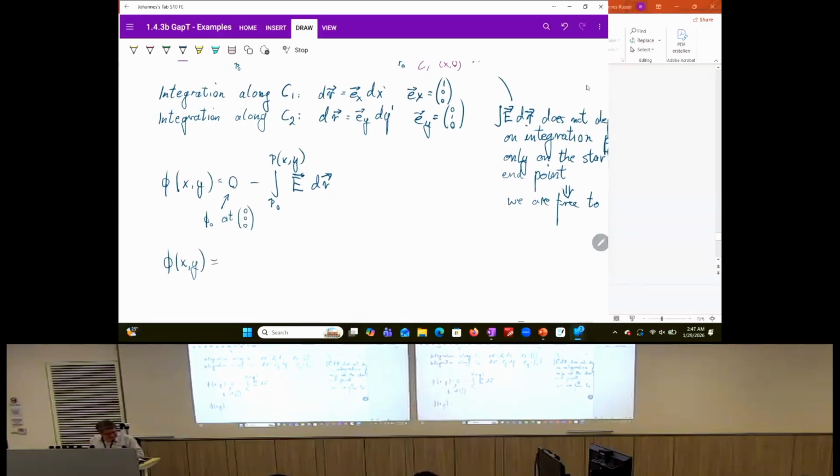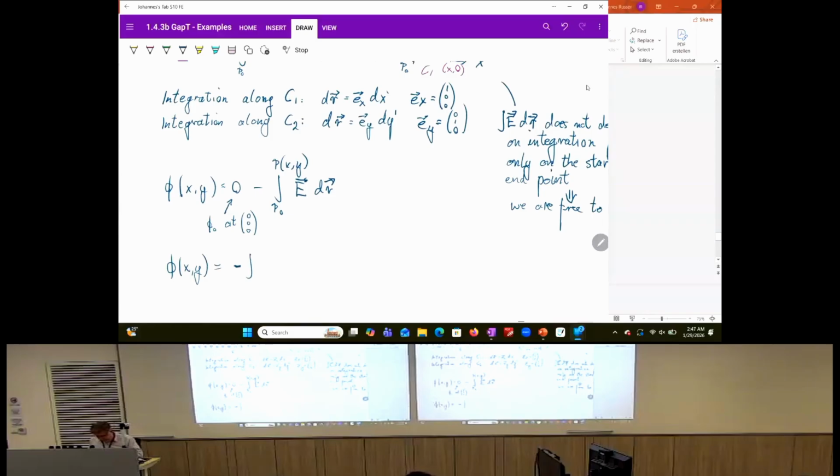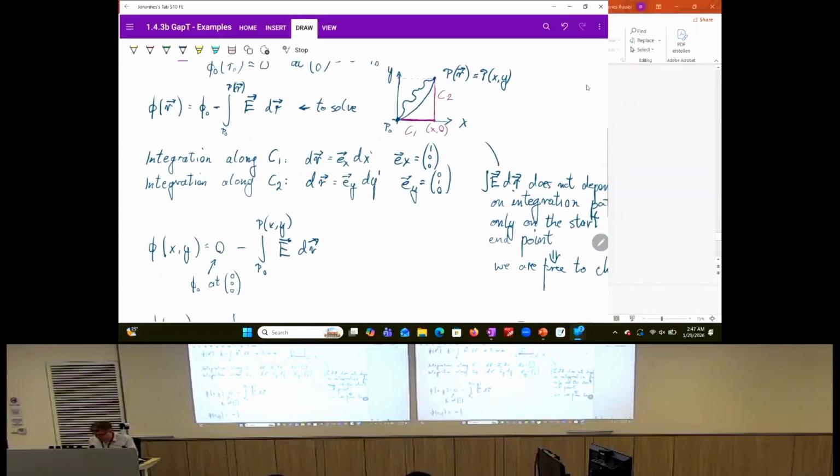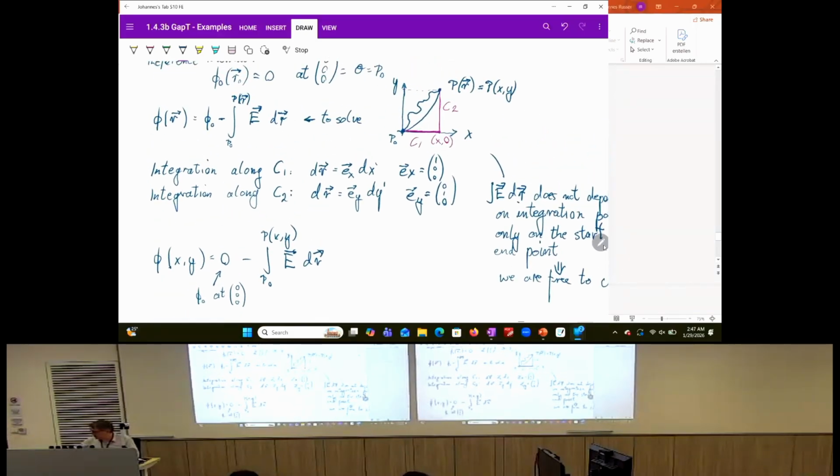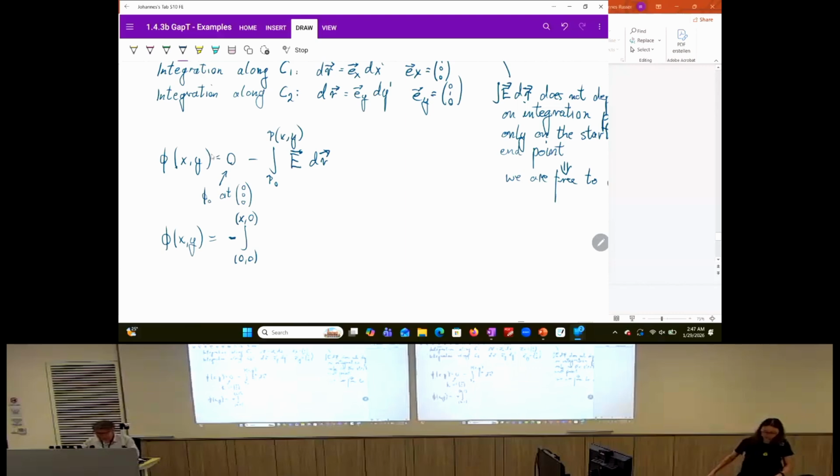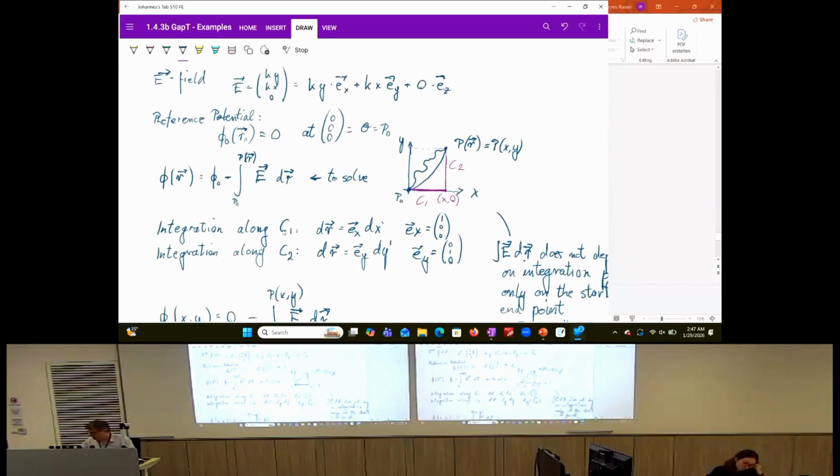The reference 0 I can drop here. So we have minus, and we first integrate over the first line, right? So this is from (0, 0) to x0. So this is our first step from here to here. And what is the electric field? Here we have ky times unit vector of Ex plus kx times unit vector of Ey.